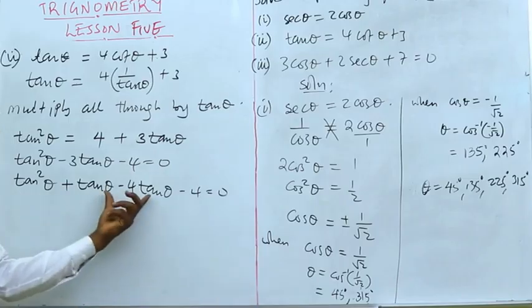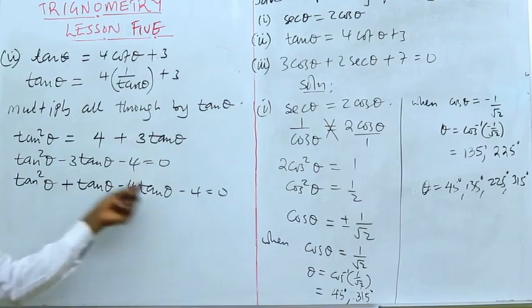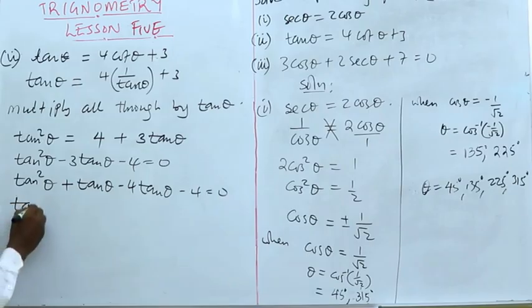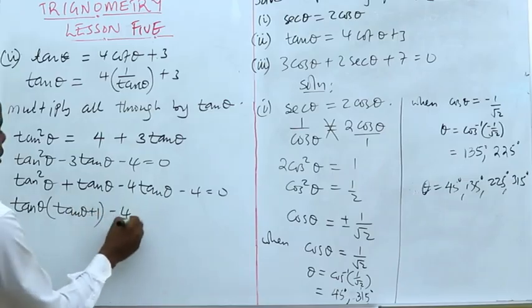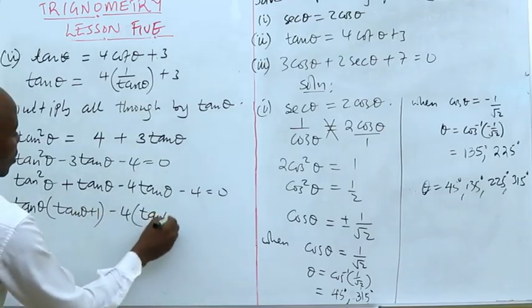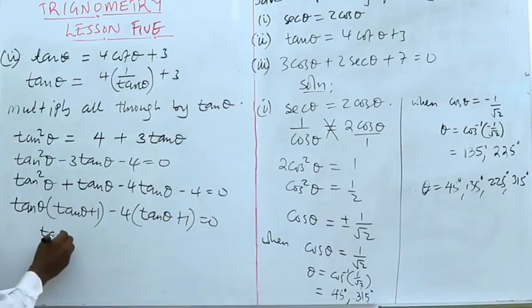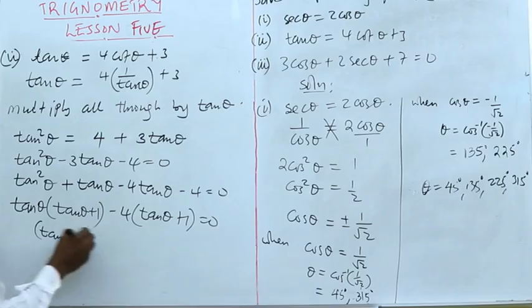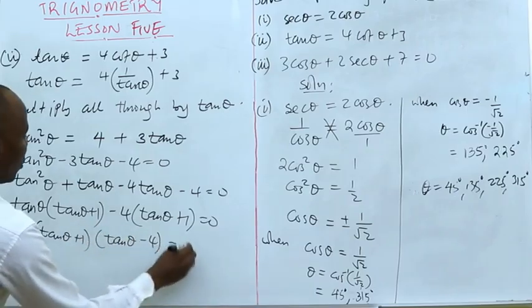You can see I've used the theory of solving quadratic equations. If you add this to this, you go back up there, okay? So this one is tan theta into tan theta plus 1 minus 4 into tan theta plus 1 is equal to 0. So we have tan theta plus 1 into tan theta minus 4 is equal to 0.